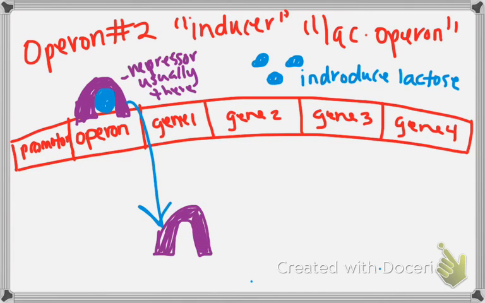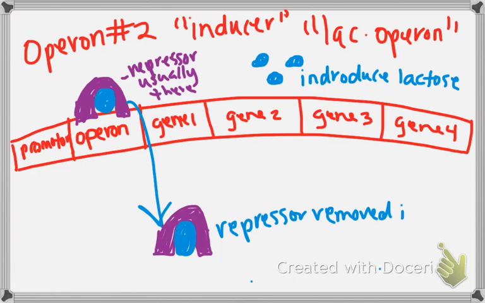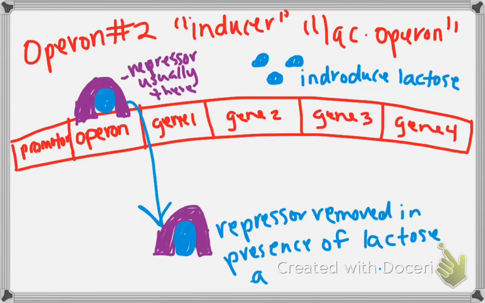Now, why was it removed? Because lactose showed up. That's all it took. It just took some lactose to show up. It filled in that little horseshoe space, and then you can put repressor removed in presence of lactose, and transcription is turned on.